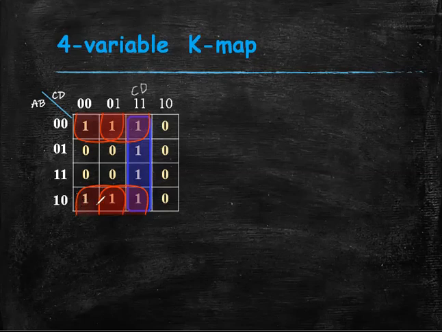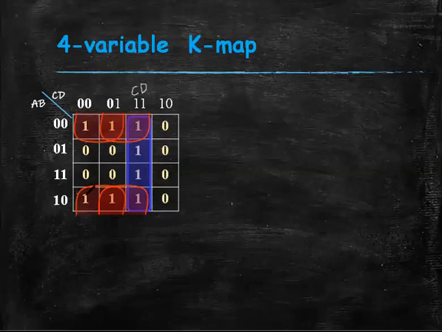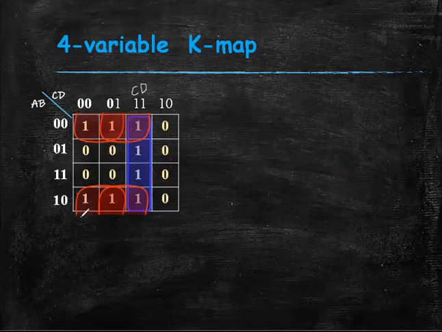We know that when we move this way, C bar is constant. When we move downward, B bar is constant. Then it is B bar C bar.